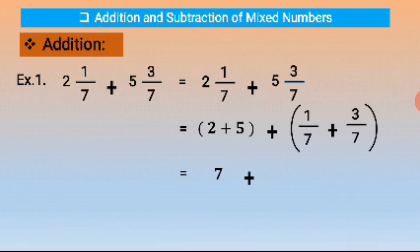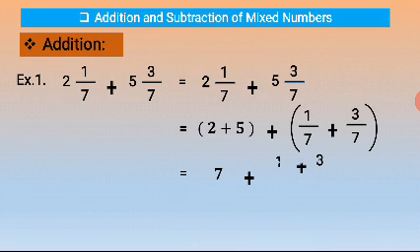in a bracket. When we add two fractions, first we observe whether the denominators of these fractions are the same or different. In these two fractions the denominators are the same, that is 7. So we take the sum of only the numerators, 1 and 3.